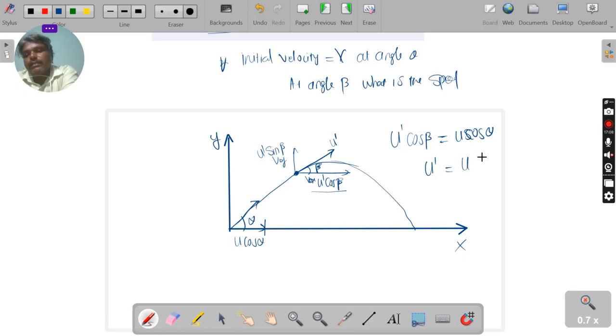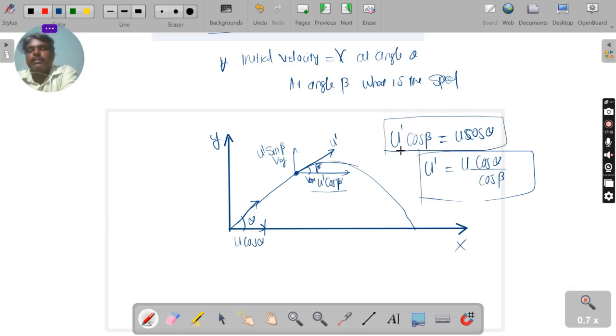U dash equals U cos theta divided by cos beta. That's all very simple. நம்ம என்ன concept யூஸ் பண்ணிருக்கோம்னா, horizontal component velocity is always constant concept யூஸ் பண்ணி, இது ரெண்டு horizontal component ஈக்குவல் பண்ணி நம்ம ஆன்சர் எடுத்துட்டோம்.